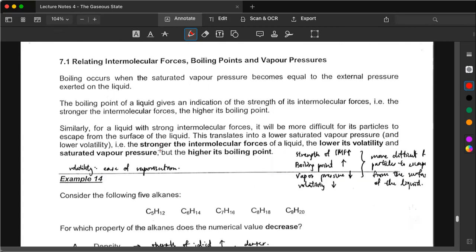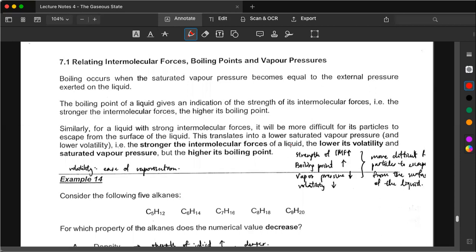For a liquid with strong intermolecular forces, it will be very difficult for the particles to escape from the surface. So this translates to lower saturated vapor pressure and lower volatility. So we can make this connection: the stronger the intermolecular forces, the lower its volatility and saturated vapor pressure, but the higher its boiling point.